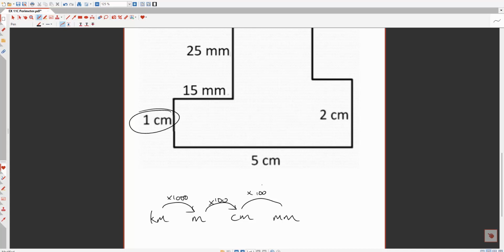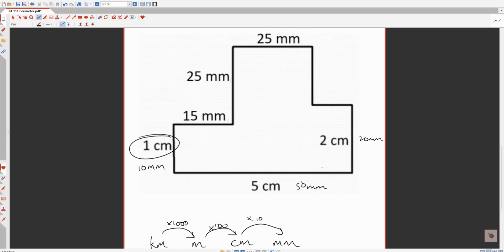Ooh, what am I doing? Control Z. Alright, so the way we get from centimeters to millimeters is we times by 10. So this is 1 times 10, that's the same as 10 millimeters. Now this 5 centimeters, 5 times 10 is 50 millimeters. This distance here is 2 centimeters or 20 millimeters.